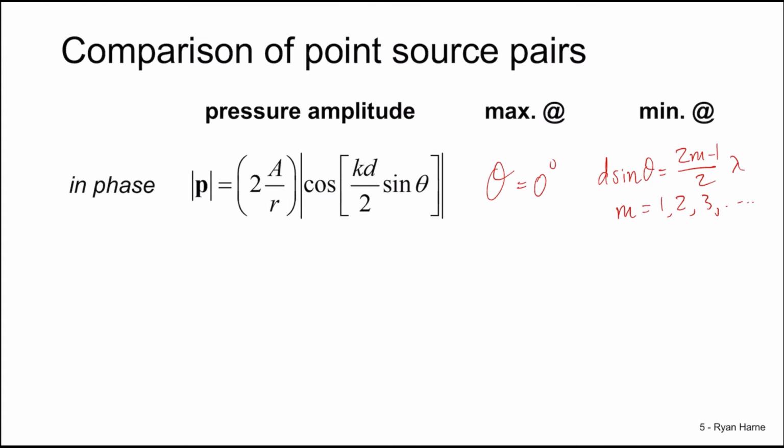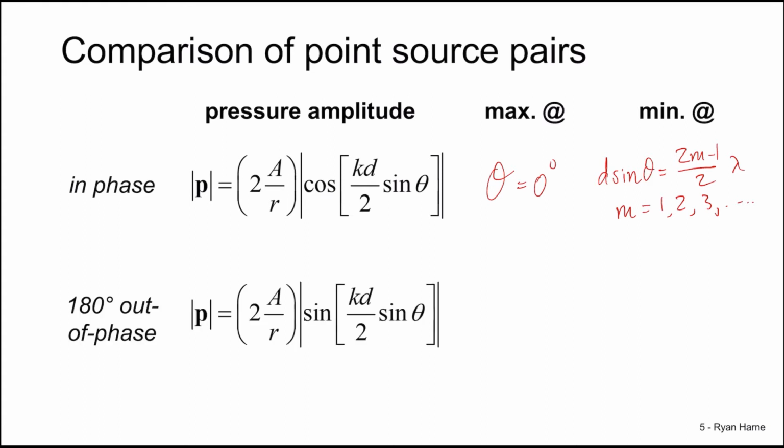Now, for the case where the point sources are out of phase, we know our acoustic pressure amplitude as seen from the prior slide. The maximum sound delivery now occurs when theta is equal to 90 degrees. This is called grazing incidence. When we consider a case where we're looking at sound along the line parallel to the sources, we know this occurs by applying 90 degrees to our acoustic pressure amplitude shown at the left.